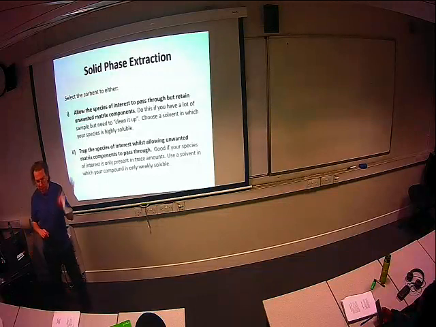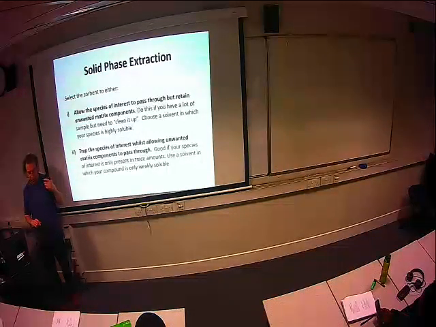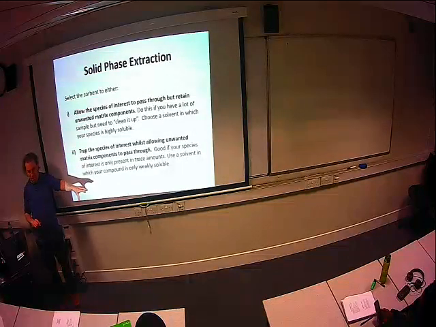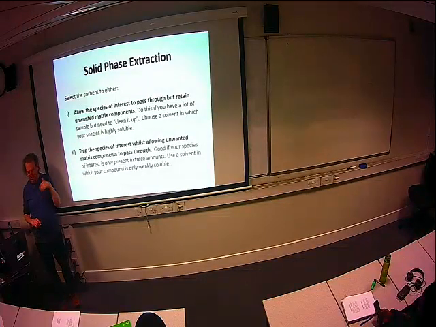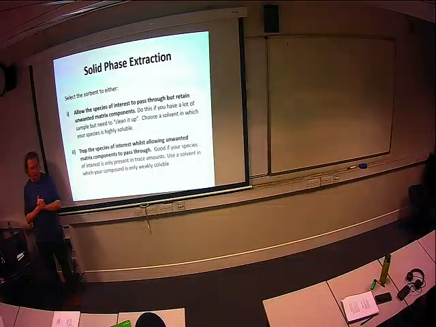So you can use this for a quick cleanup, where you choose the sorbent material, the solid phase extraction material, that doesn't bind to the thing that you're interested in, but does bind to other things.